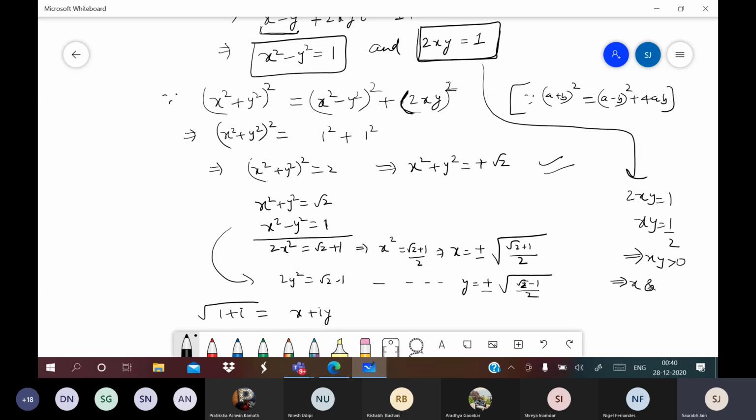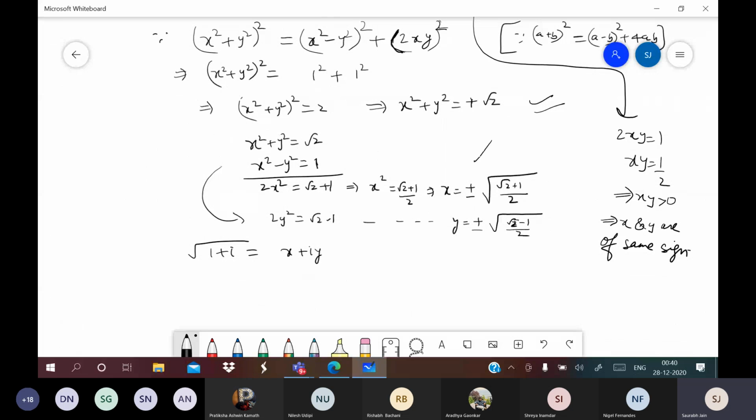And this means x and y are of the same sign. Xy is positive, so both can be positive or both can be negative. You know what is the meaning of this? The meaning is that if I take plus from x, I will have to take plus from y as well, and if I am taking minus from x, then I will be taking the negative value of y also.